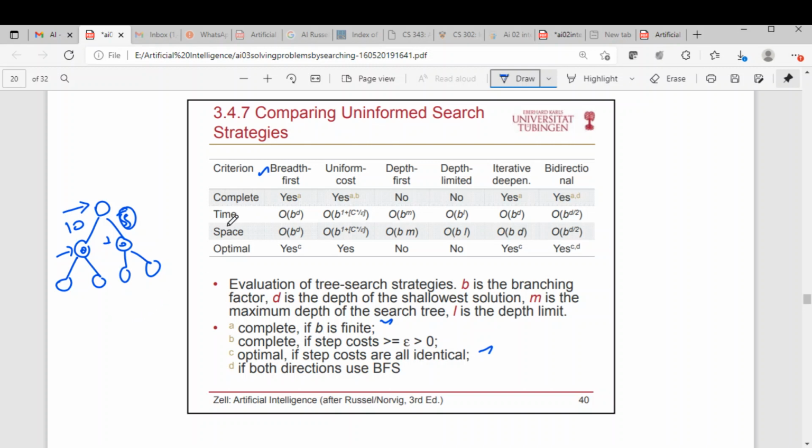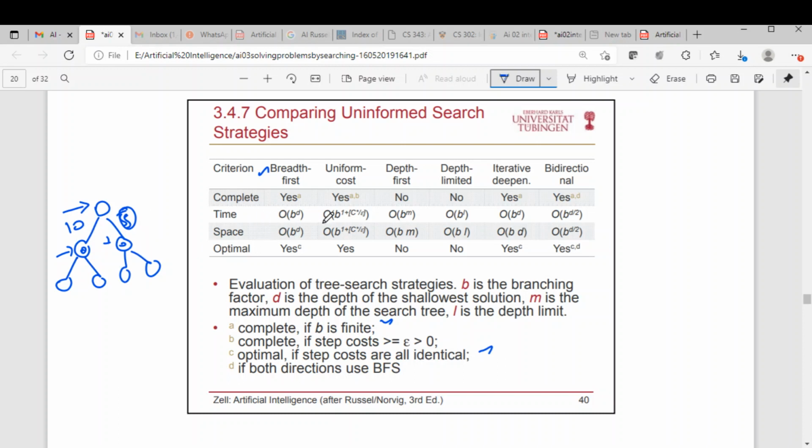In uniform cost search, the step costs will not be identical; each step may have a different cost. That is what is expected for a uniform cost search algorithm, because uniform cost search is an improved version of breadth first search with different step costs.